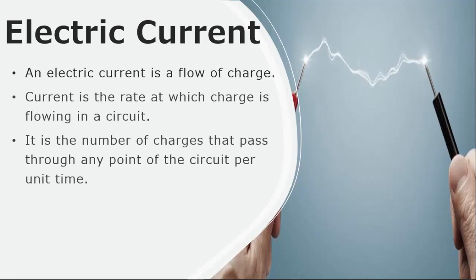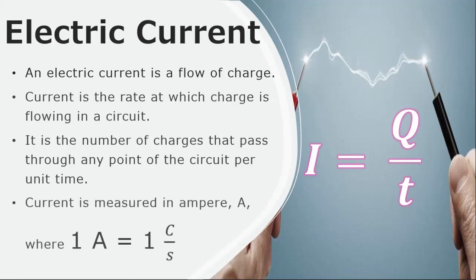So in an equation form, it will be symbolized by I is equal to Q over T, where I is the electric current, Q is the electric charge, and T is the time. Current is measured in ampere, symbolized with capital letter A. As one of the fundamental units of physical quantities, 1 ampere is equivalent to 1 coulomb per second.